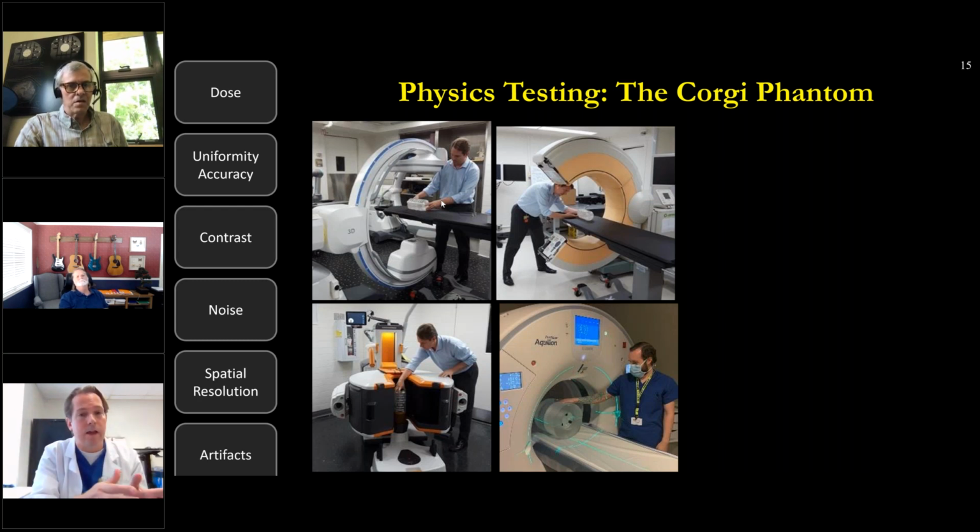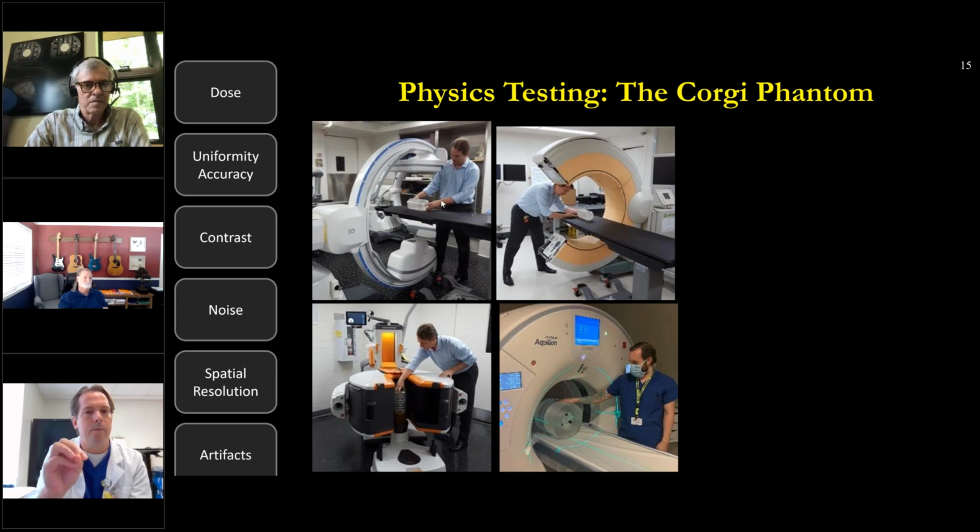But if I can back one step back from effective dose and millisieverts to absorbed dose in milligray, which is what we measure in both the CTDI vol and in what I'm going to show you here with the Corgi, that's milligray. And yes, that is an apples to apples description of how much energy was absorbed per unit mass by the patient. And now whether that was in the head or the ankle, that's where the radiation biology question comes in and an effective dose calculation, okay? Sure.